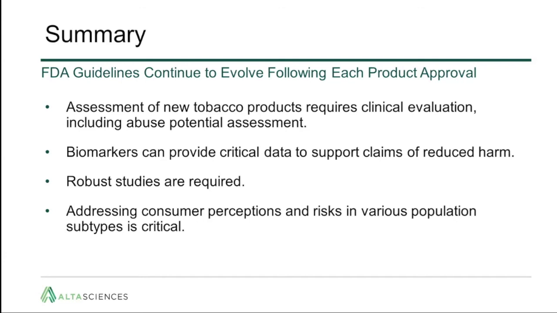Biomarkers can provide critical data to support claims of reduced harm. Robust studies are needed. You're going to need to have strong data that shows those claims of reduced harm or reduced risk. Addressing the consumer perceptions and risks in various population subtypes is critical, and that's a common theme across all of the guidances in the FDA.